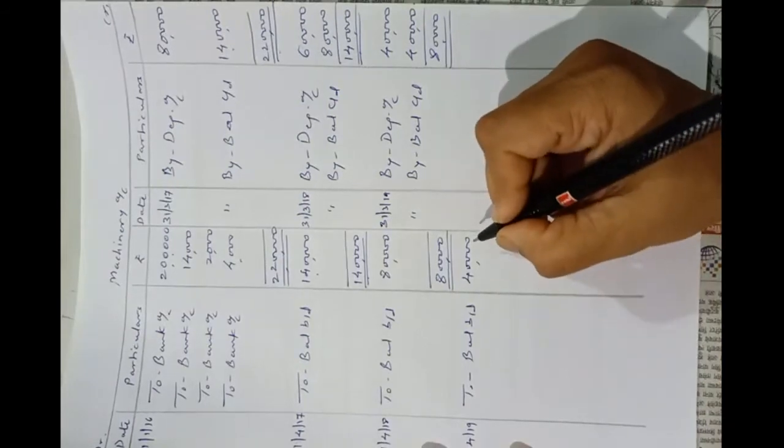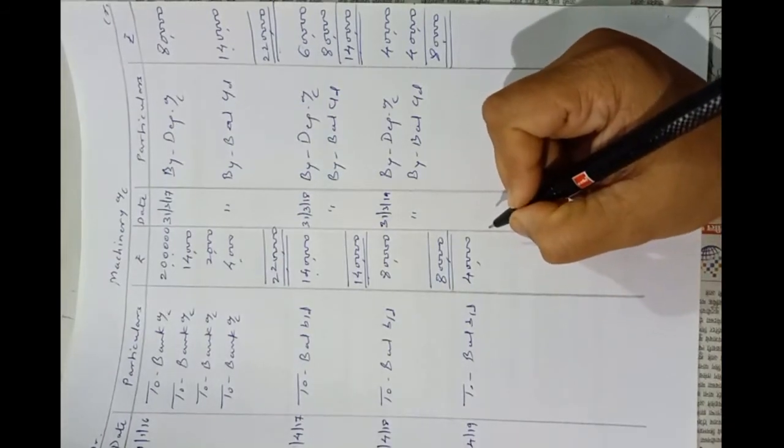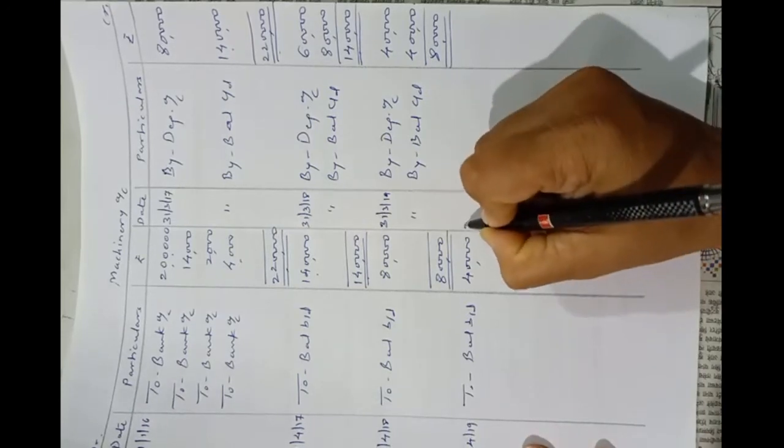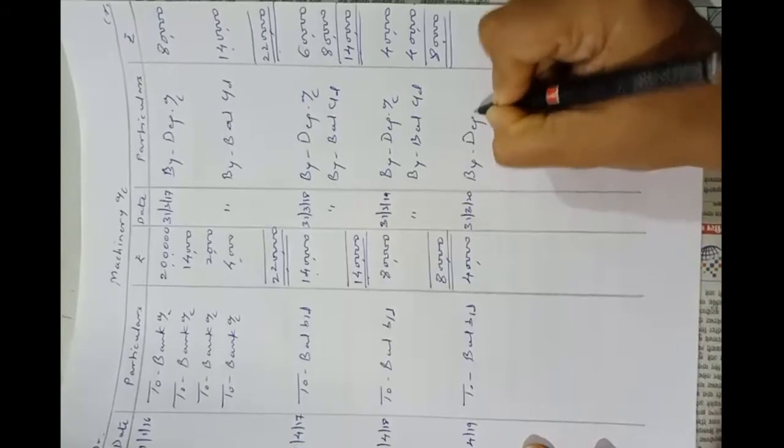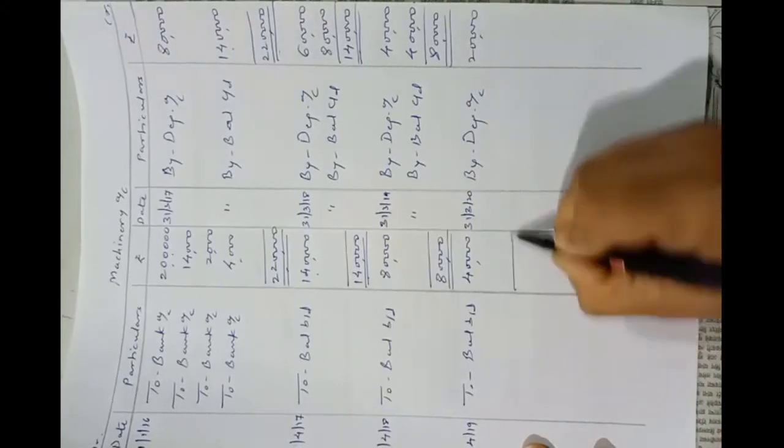At the end of this last year, that is on 31st March 2020, by depreciation account 20,000. Now we will tally for this last year, and the balance is 40,000 minus 20,000.